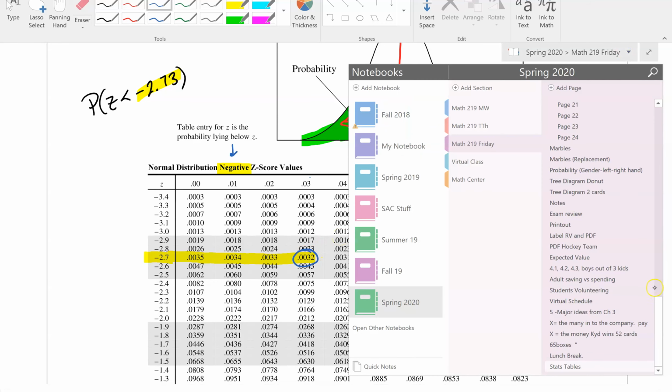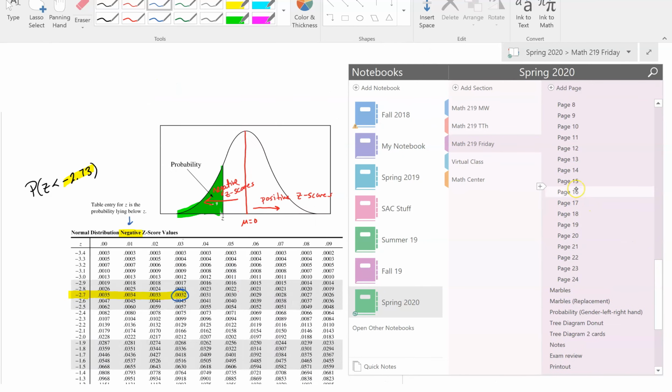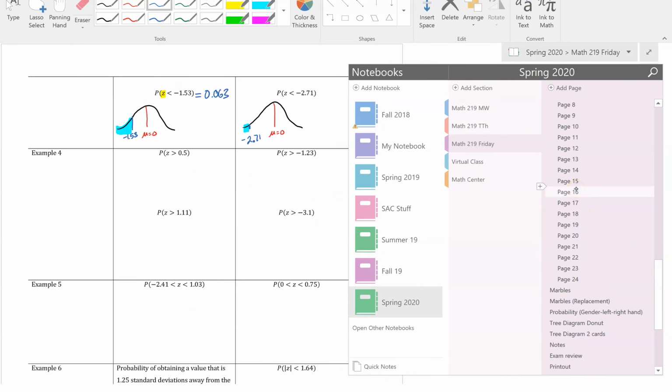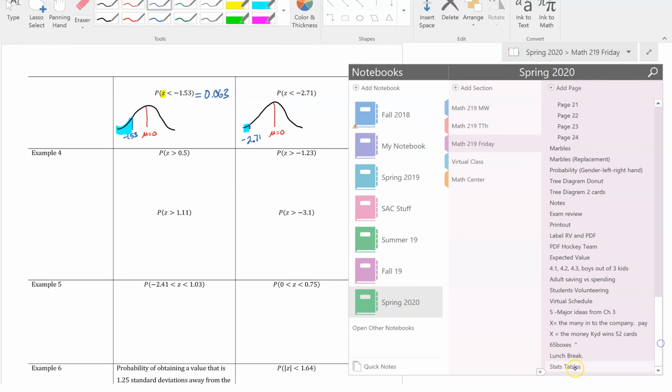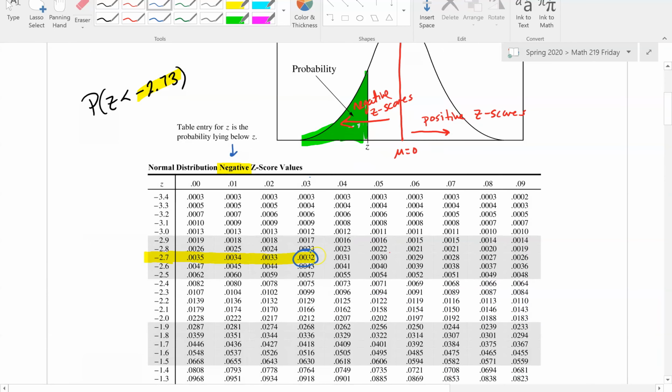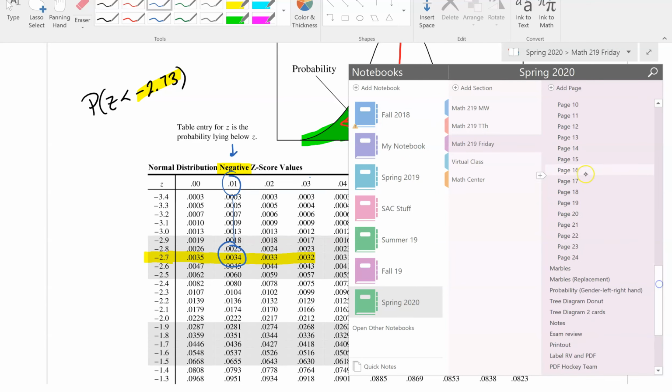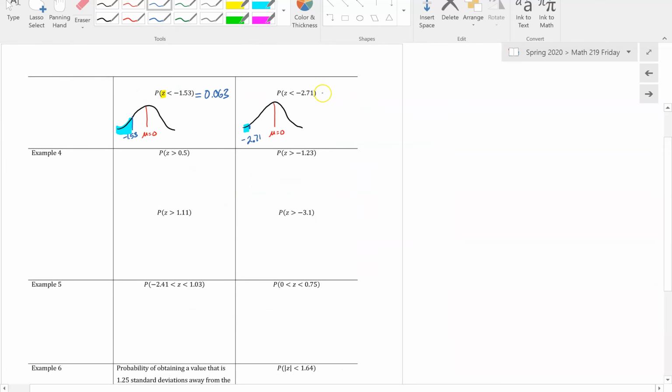Let me go back. Oh, dang it. It was a 2.71. Hold on. 2.71 is actually here. 0.0034.